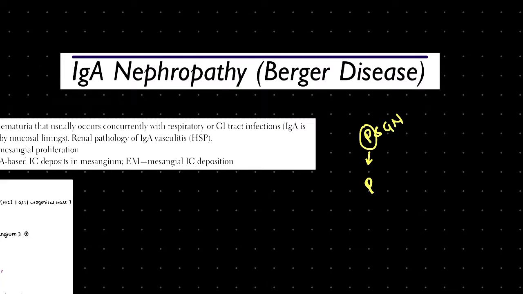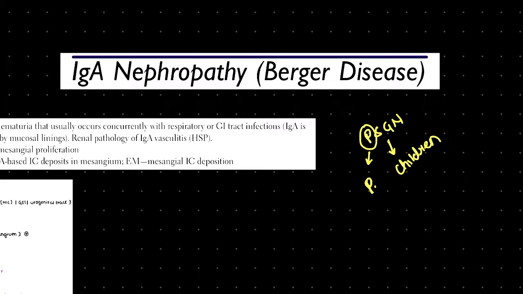So PSGN was more prevalent in children, or we can say it is the most common cause of glomerulonephritis in children.